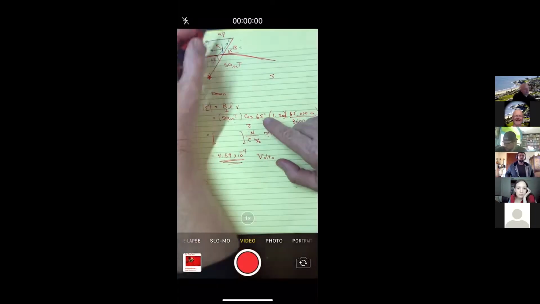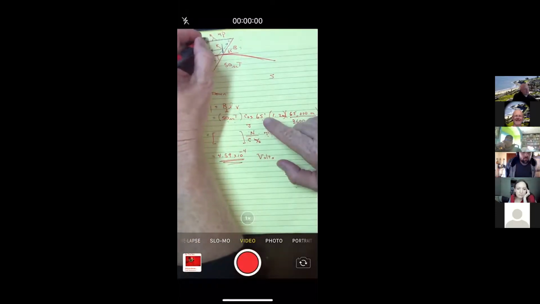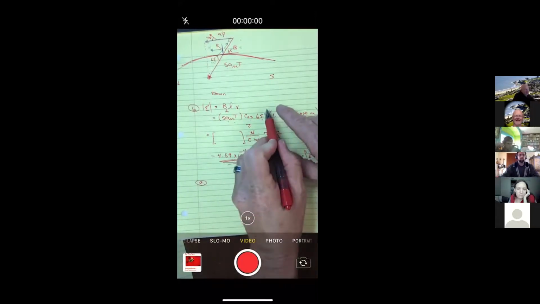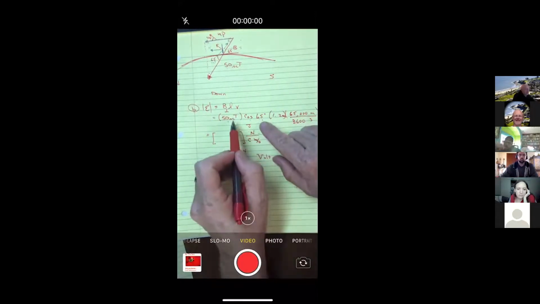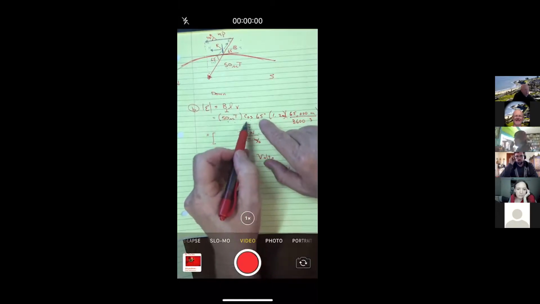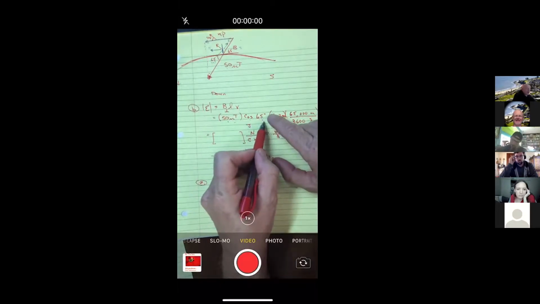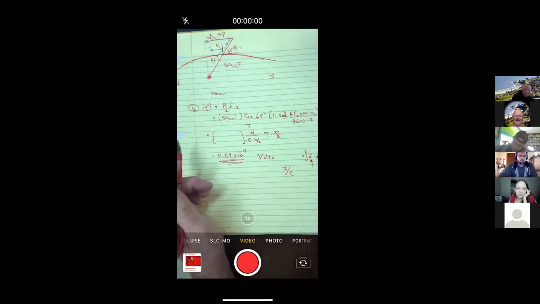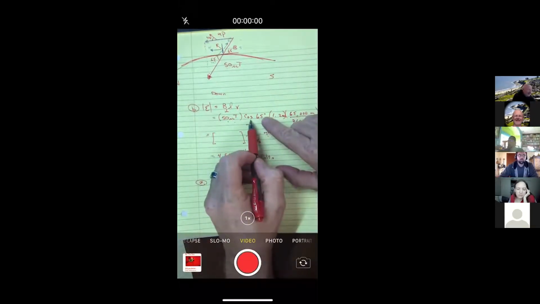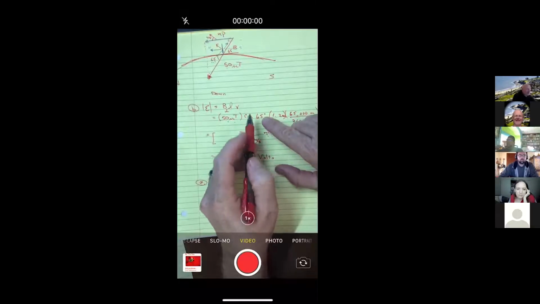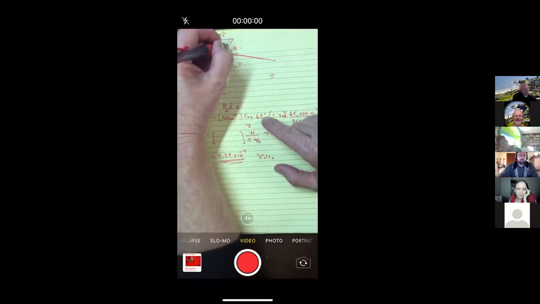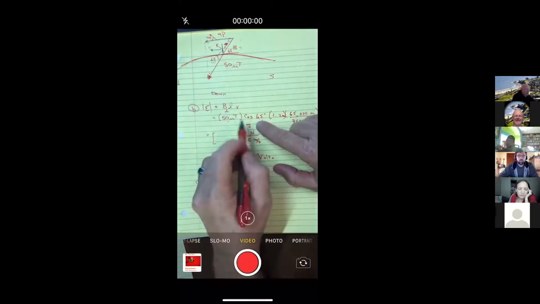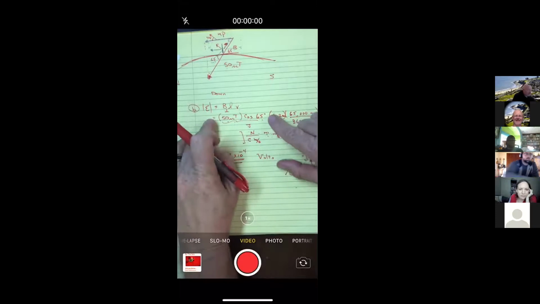Then if you were driving at a 45-degree angle to that, you could then take this result and multiply by another cosine of 45 to figure out what it would be if you were driving northeast, because you've got to figure out how much of the field is perpendicular. But my point is that you would want to make sure that you were driving perpendicular to this field so you can get the full effect.